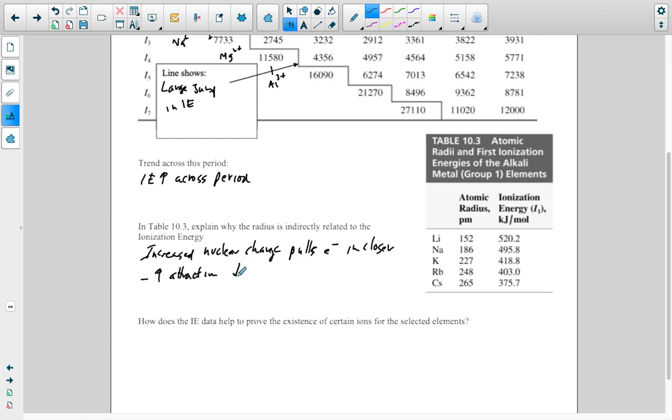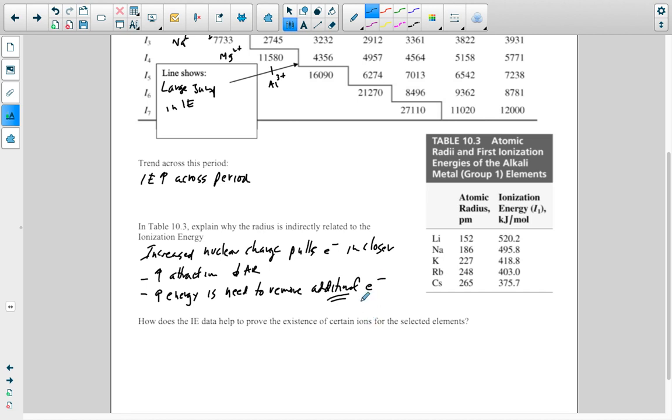Okay, your lowest radius, important to know. Okay, and increased energy is needed to remove additional electrons.